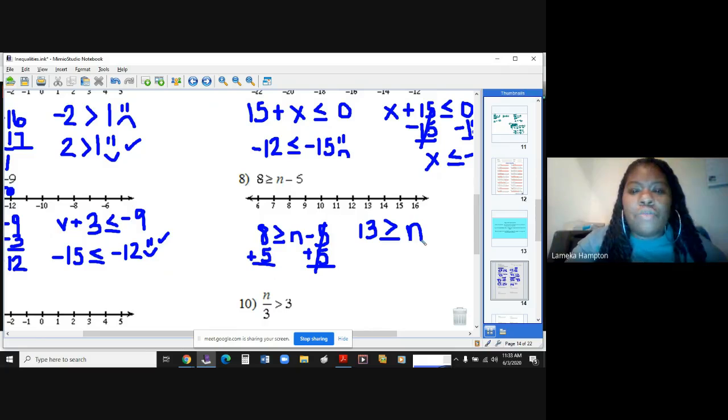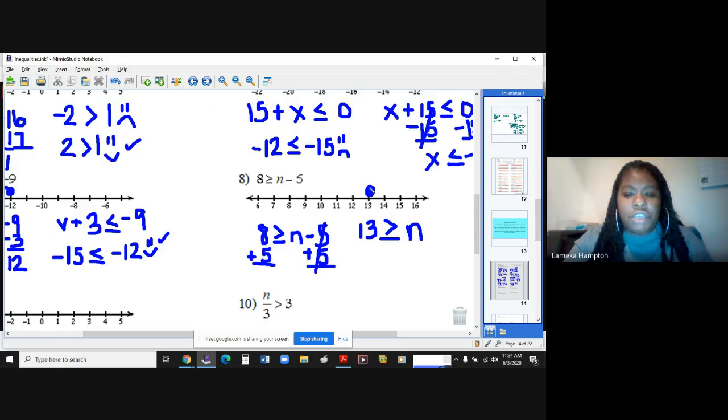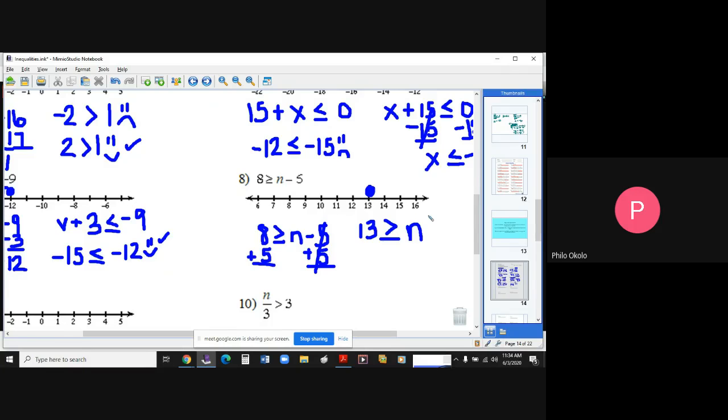Now, do I have an open circle or a closed circle? Closed circle. Very good, Miss Philomena. I have a closed circle. Now, Miss Philomena, I would like for you to pick a number off the number line. 14.